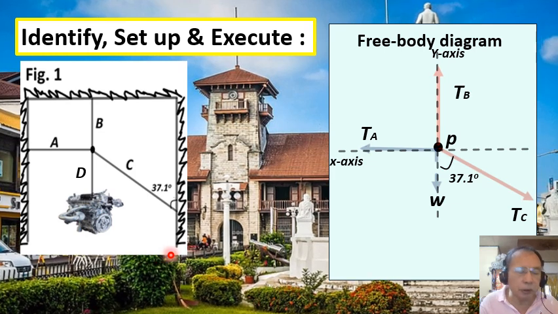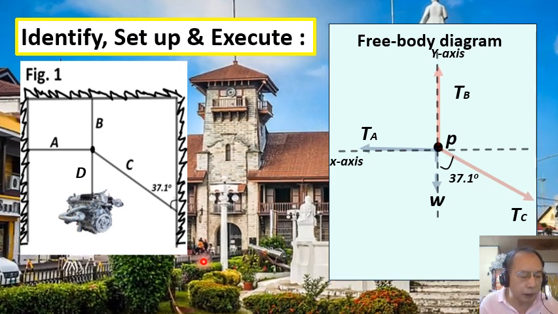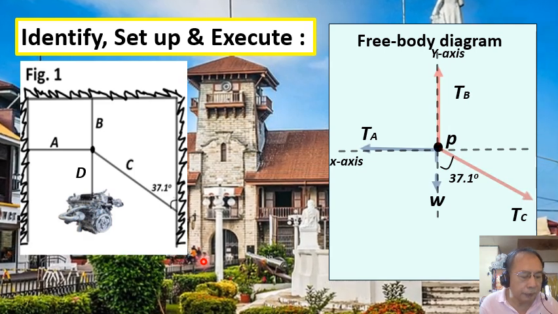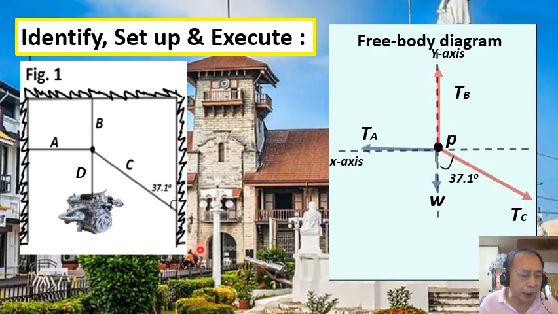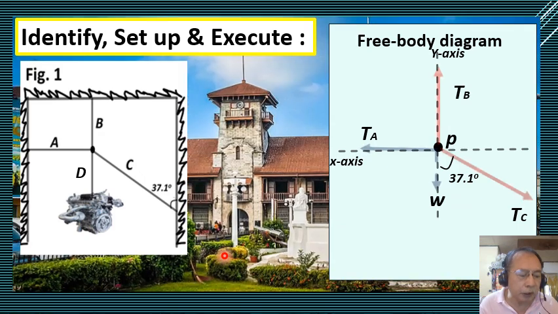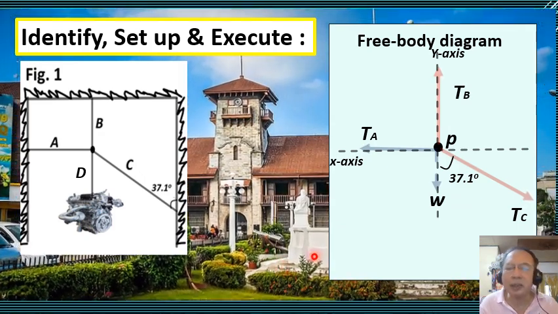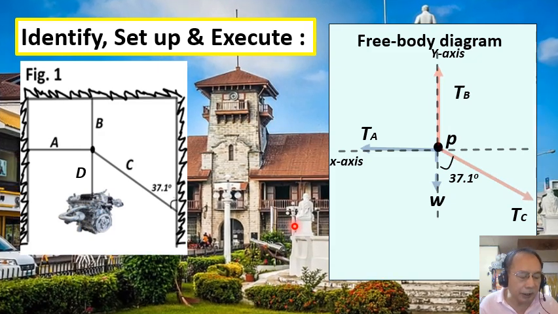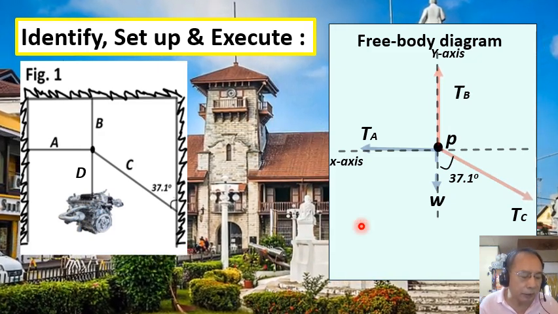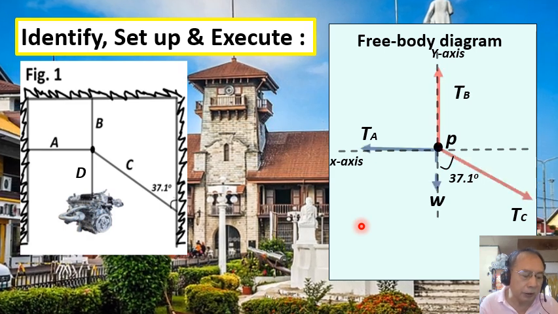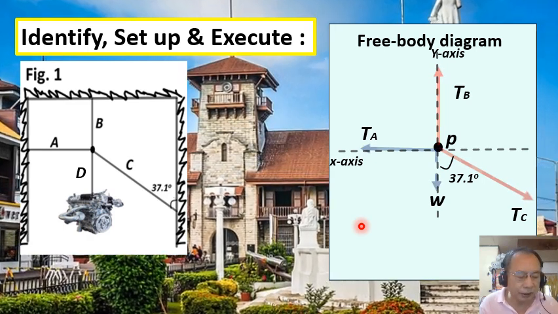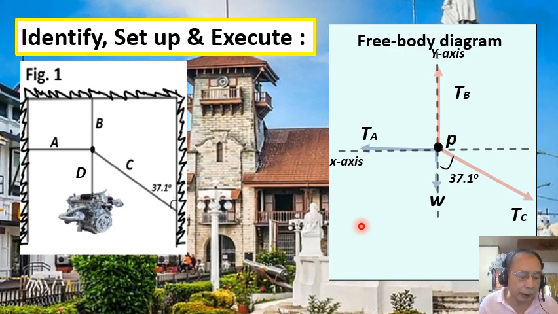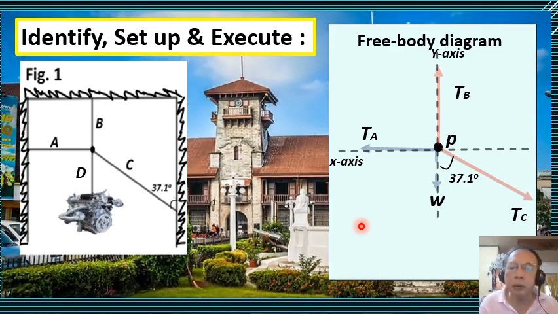There is no need to include tension TD in our vector diagram, because we are considering only the four forces, such as the three tension forces TA, TB, and TC, as well as the weight of the engine, W, as they are considered external forces acting on an imaginary particle P represented by the dot symbol.